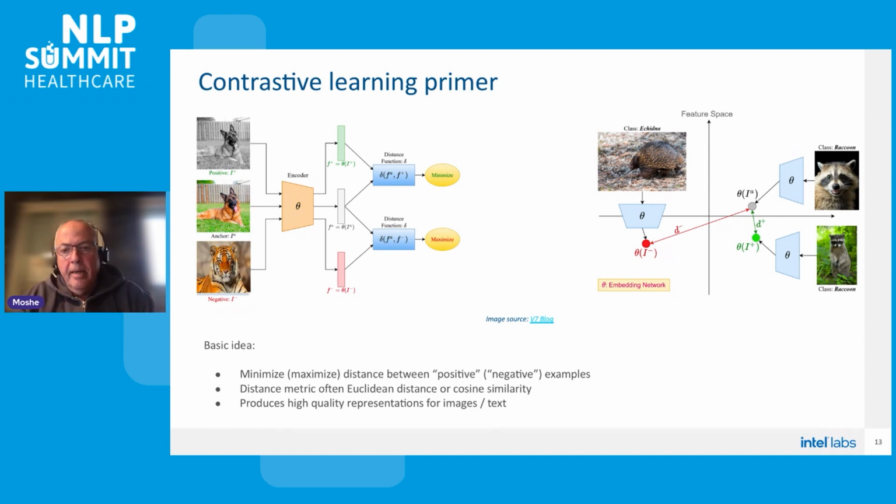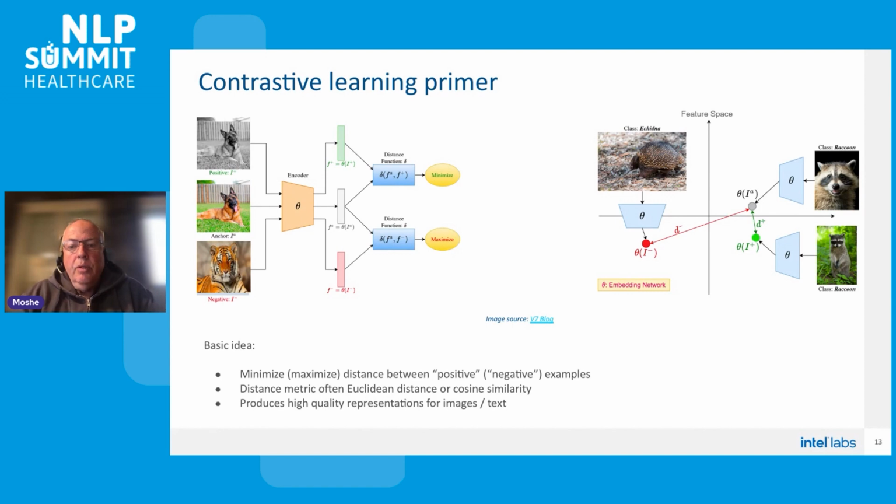So in this example that we see on the left side, we start off with an image of a golden retriever. This is typically called an anchor. And the idea is that this might be the class dog. And this other image here, a tiger, is obviously a different animal. So we might have another class for tiger.